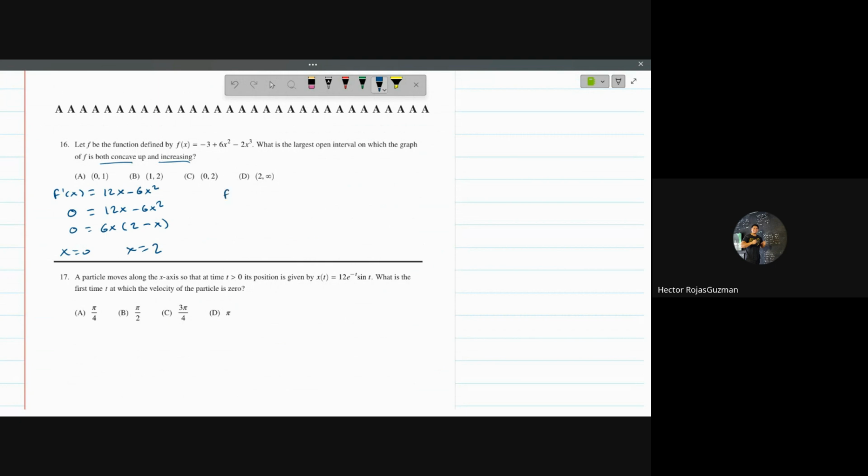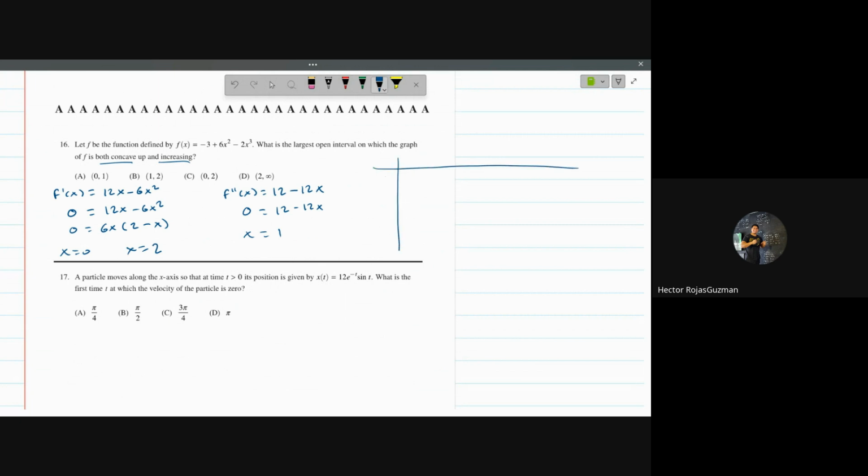Your second derivative is 12 minus 12x. So when you set it equal to 0, x is equal to 1. That's your other critical point. Now again, you can do a super table, which isn't that bad. Let's just do a super table.